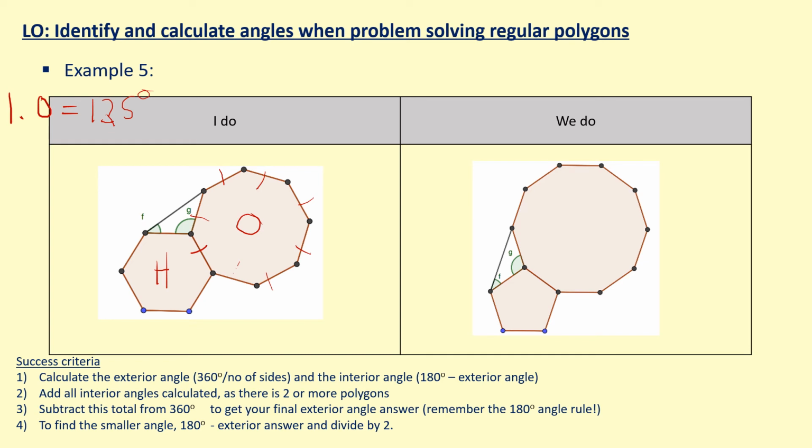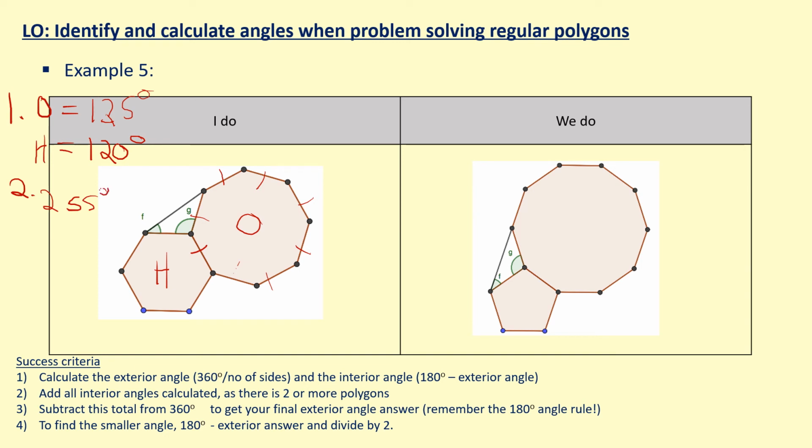Okay, and then for the hexagon, it's 180 take away 60, the exterior angle, so that's going to give us 120 interior angle. So these are sums that we've used already in the lesson. And we do number 2. So we add them together, 255.